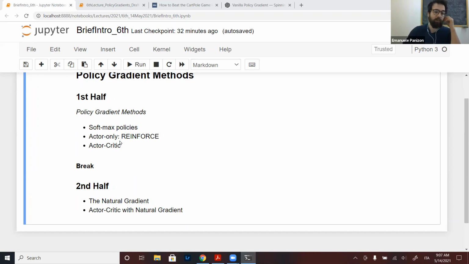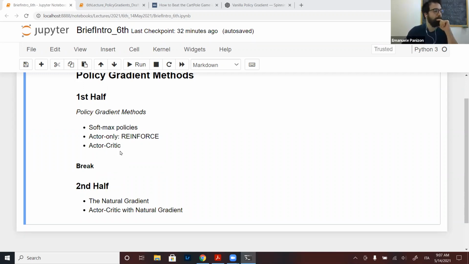And we will start with a very simple algorithm, which is called reinforce, which is actor only, in the sense that we will only deal with the policy. We will forget about the value function in a sense. And then we will reintroduce the value function, which will allow us to be more efficient with some bootstrapping. And this will be called actor critic.